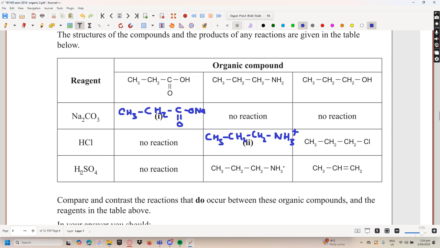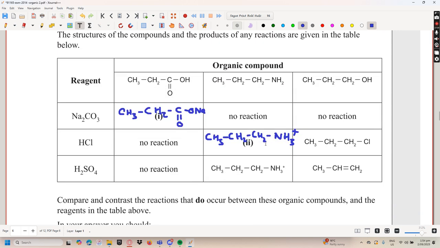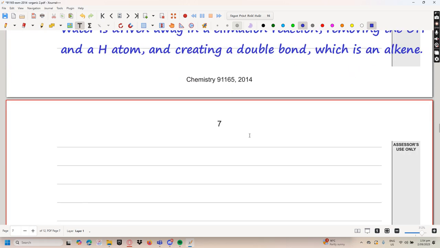So let's sum it up again. We got this guy reacts with this guy under heat and concentrated acid. That's the specific conditions. OH goes away. One hydrogen off this guy goes away. That H and the OH combine to form water, and that's what's driven away. And the double bond forms. That's the idea there.